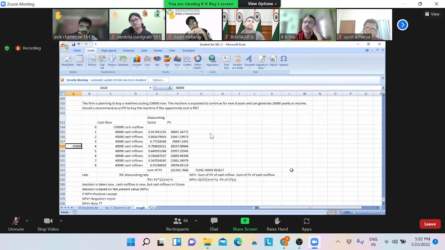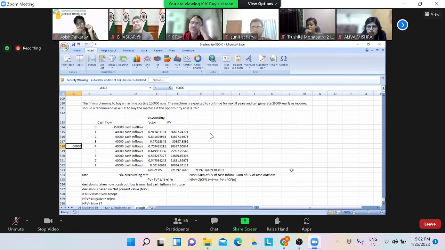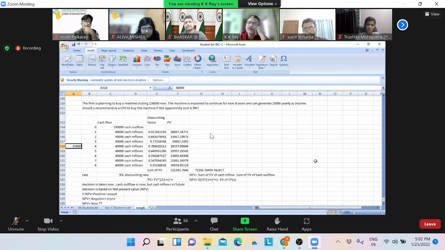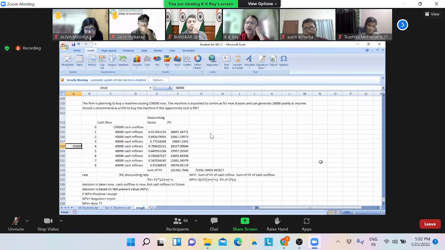No, that's not the way. Sambita also raised her hand. At the end, when we calculate the sum of total outflow, at that time we will add the 50,000 with the 1,50,000, that is 2 lakhs.